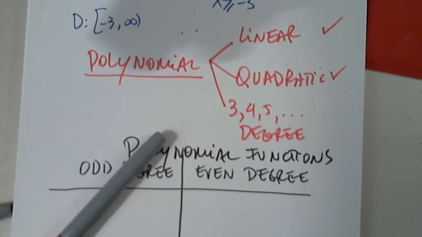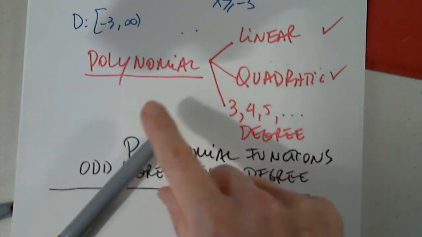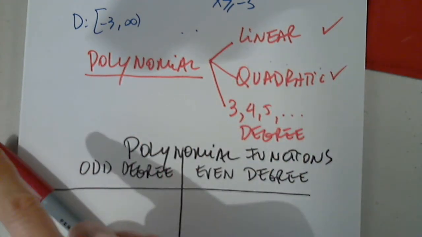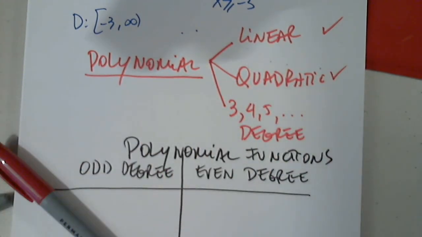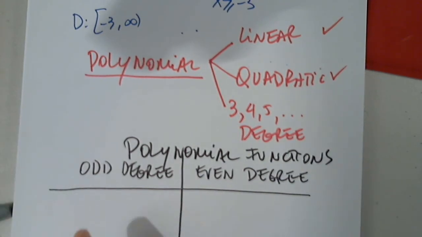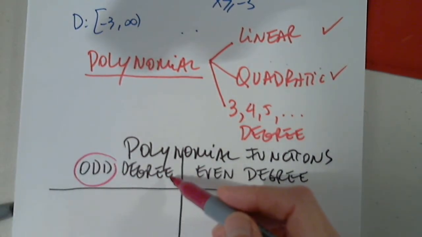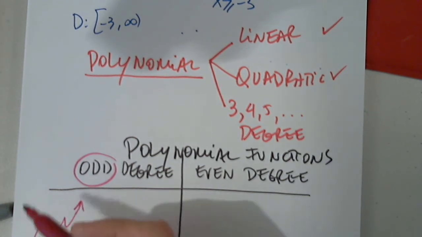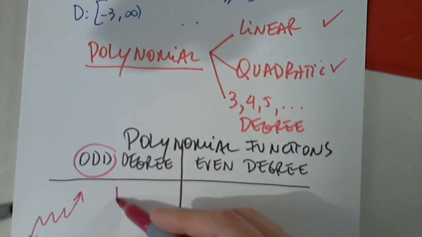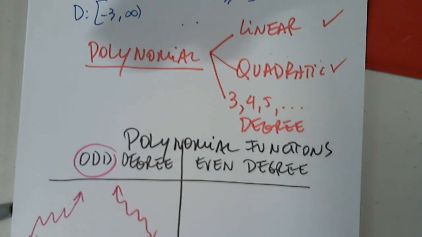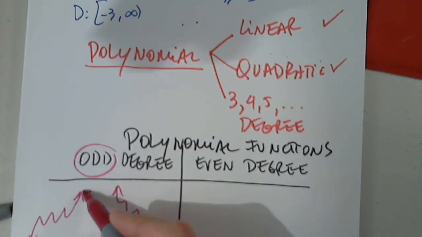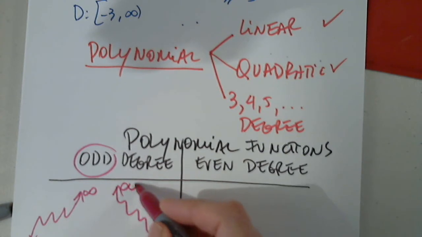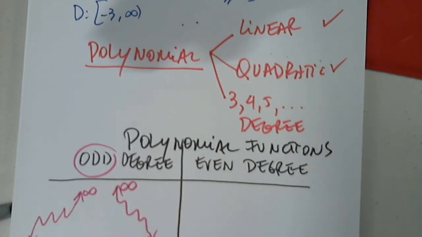It can come from negative infinity, do something, and go to positive infinity. Or it can come from positive infinity, do something, and go to negative infinity. All odd degree polynomial functions follow this. I don't know how many terms, it depends on the degree. Or follow this. From negative infinity to infinity. Or from positive infinity to negative infinity.